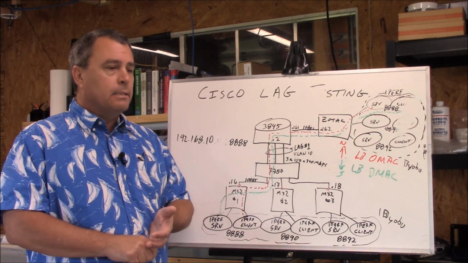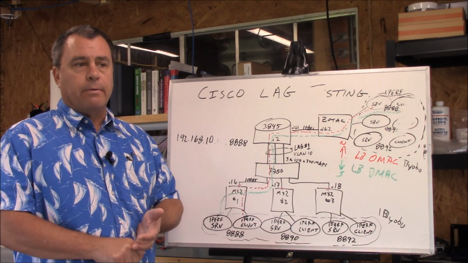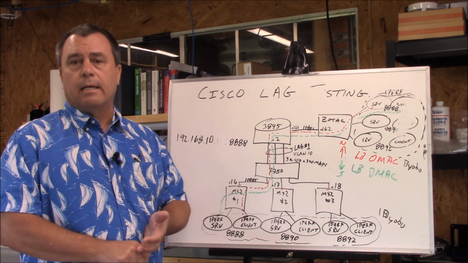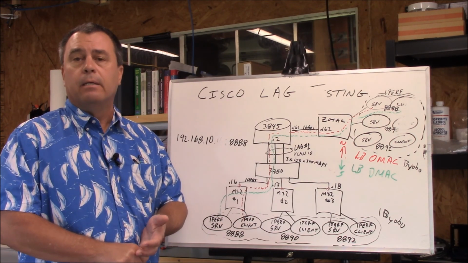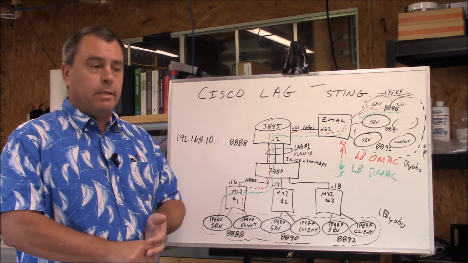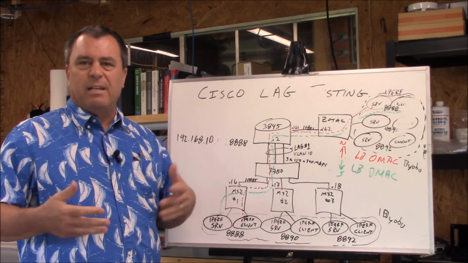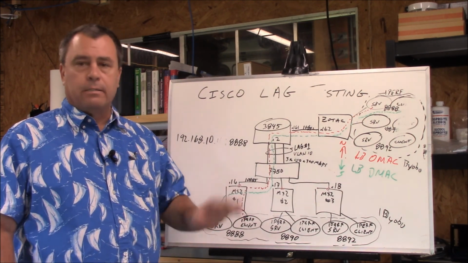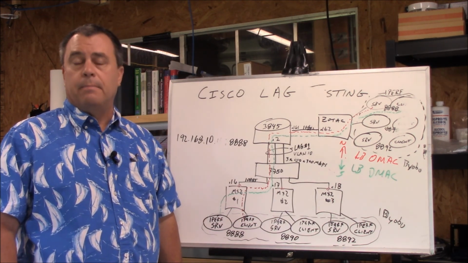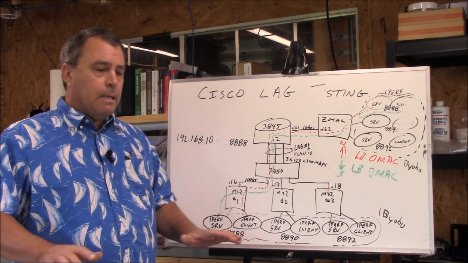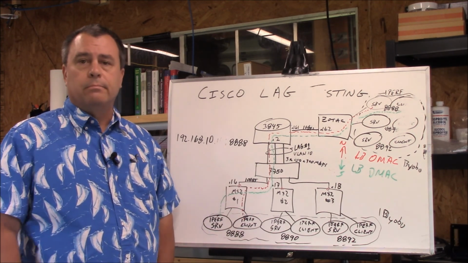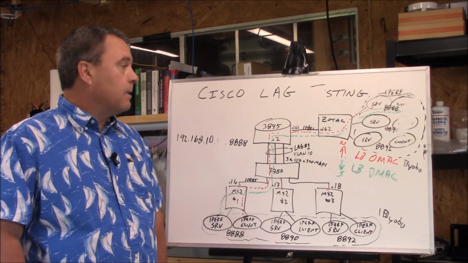We don't want any kind of retransmissions of packets, like a connection-oriented protocol like TCP. We want best effort. We don't want to try to do any kind of policing or class of service type testing. So we want to keep it basic and just run some raw traffic through the lag.